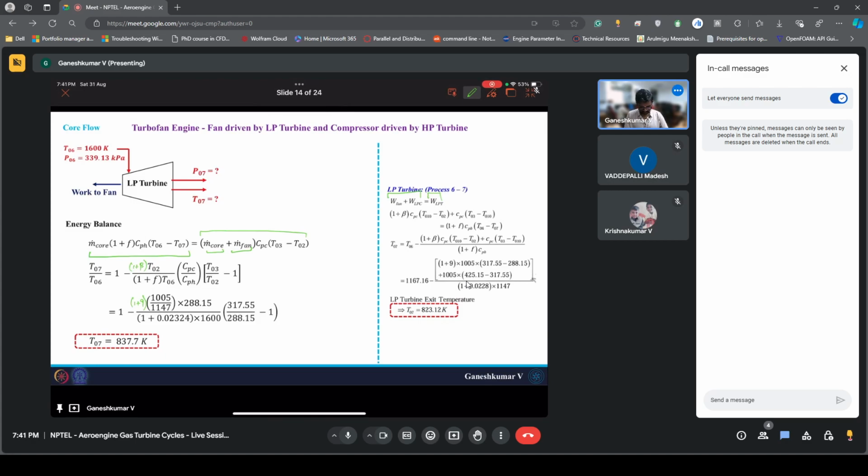What was T06? Sorry, this is also wrong. T06 is 1089.45 Kelvin. Yeah, I guess it is right. Okay, so this is the change that we have here. So it's just a typo.